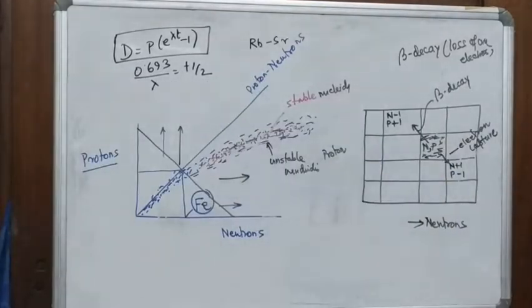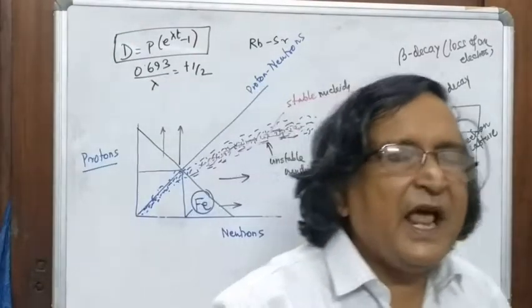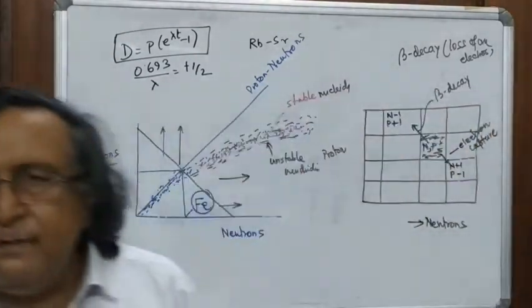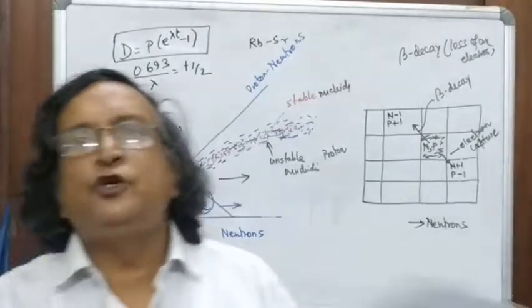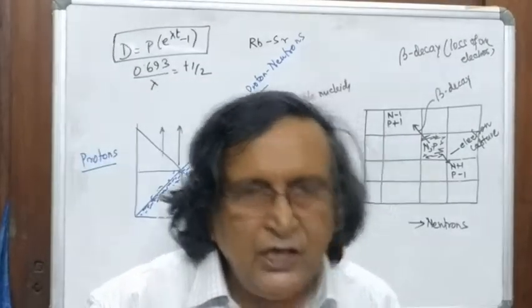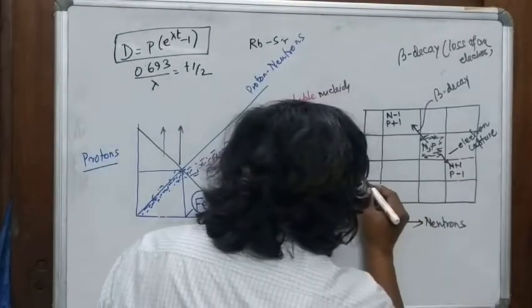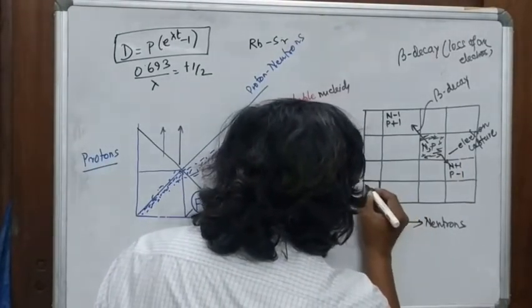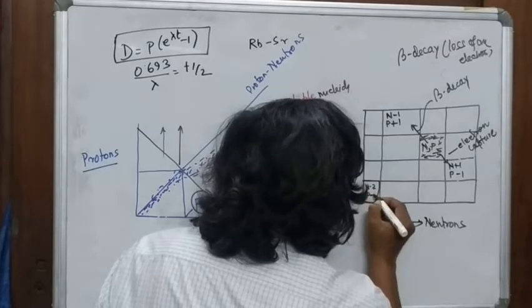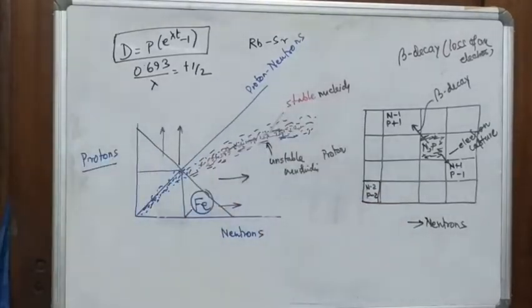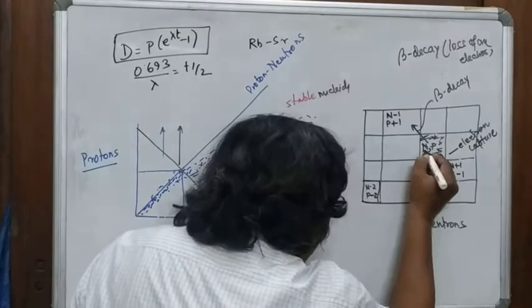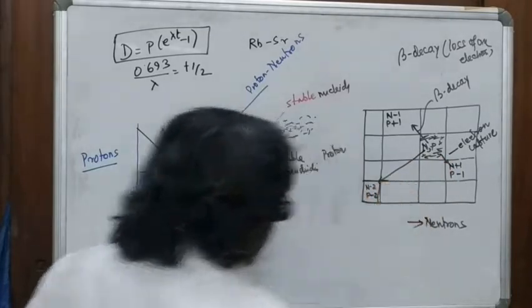And then you have finally alpha particle decay. What is alpha particle decay? It is the emission of 2 protons and 2 neutrons. So if you do that, you take this part, and this is N minus 2, P minus 2. So that means this part is in this direction.